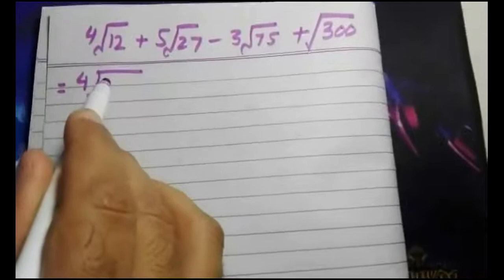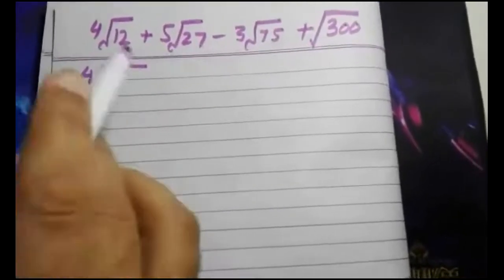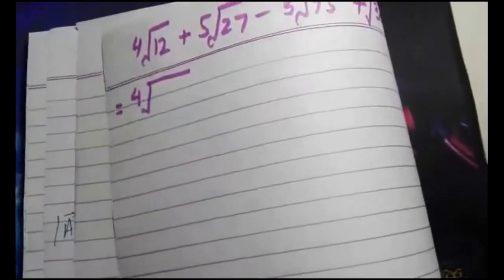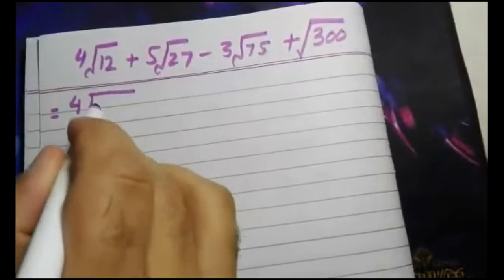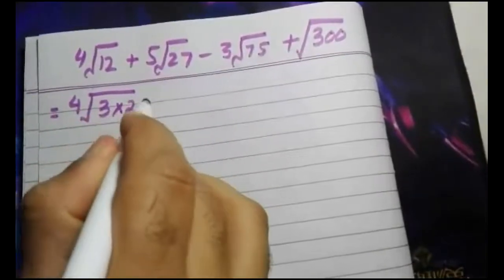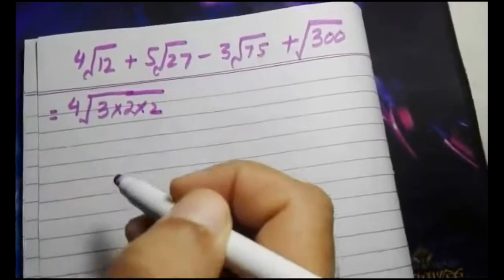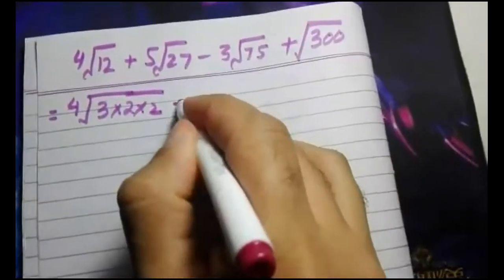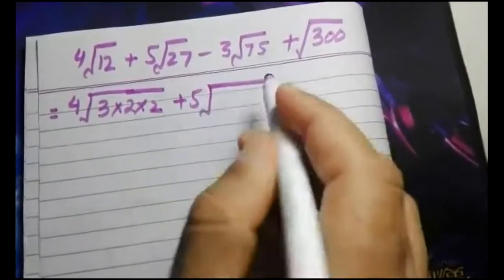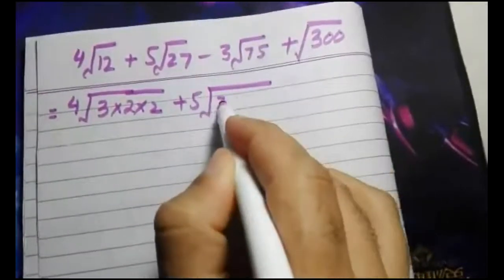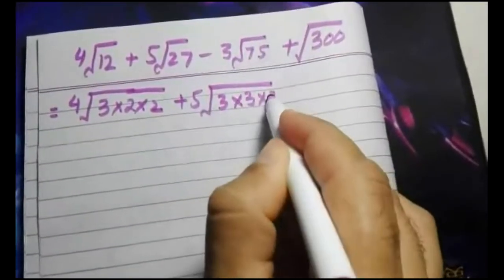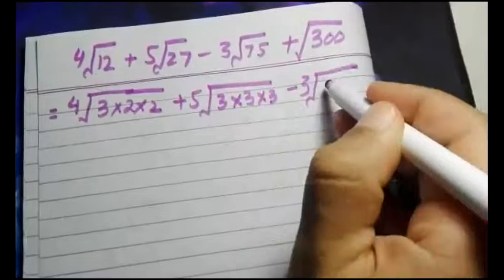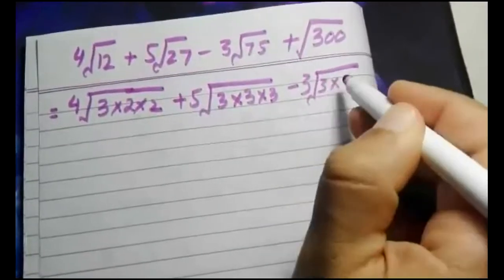So it will be written as 4 times under root of 2 into 2 into 3, multiples of prime numbers. Similarly, 5 times under root 27 means 3 threes are, and 3 times. 75 will be written as 3 times 5 fives are.